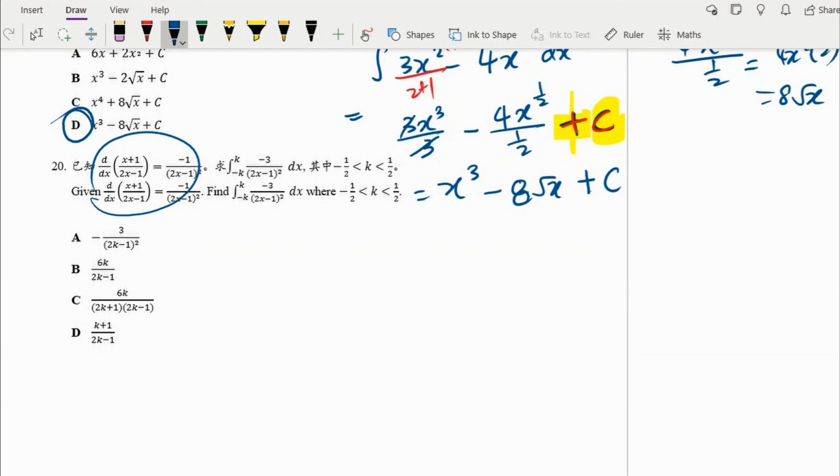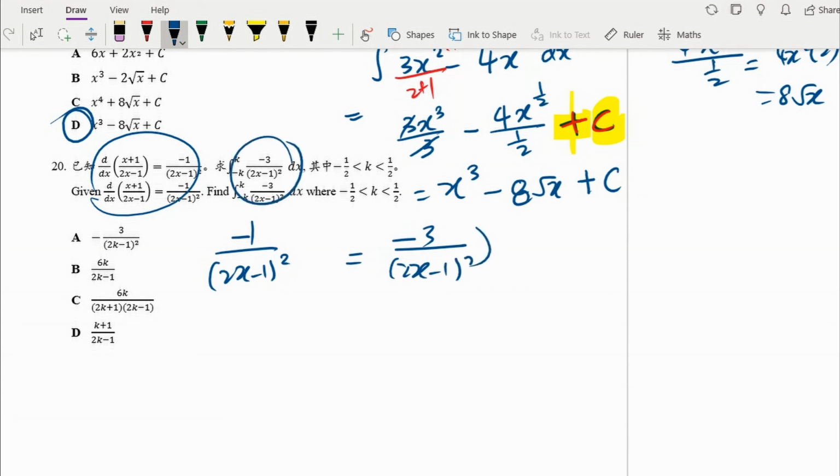First question: how to get 2x minus 1 into this part? You multiply with a 3, right? So this one you just take 1 over 3 on this side, so that you can use this one. This is the first thing you need to do.